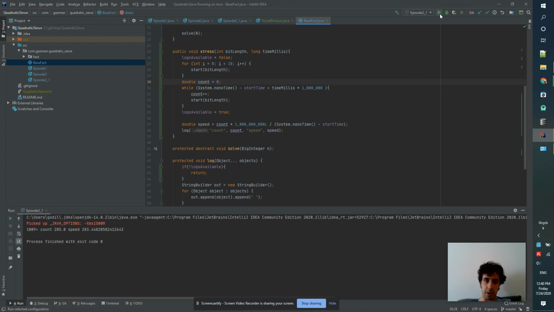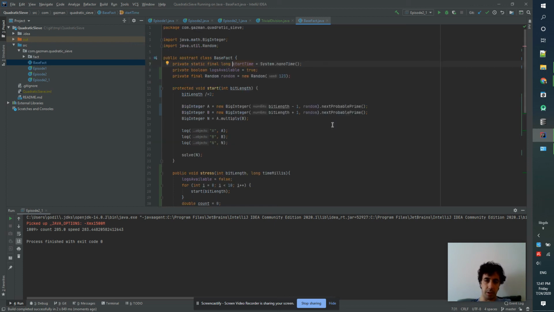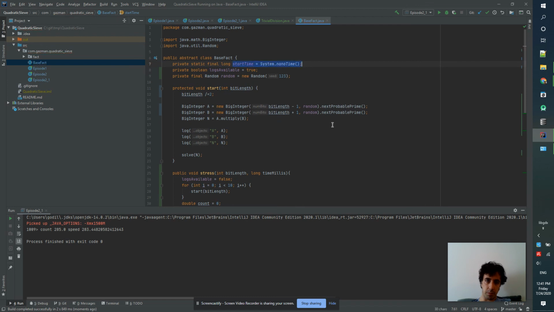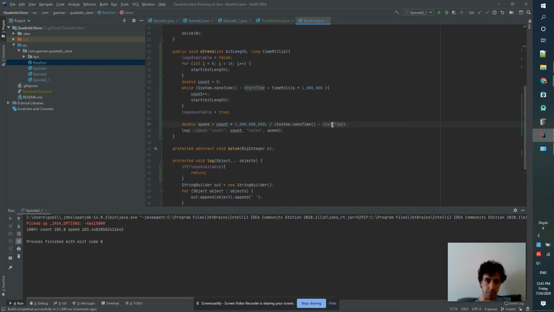Yeah, no idea. Oh, because it includes the starting time from the beginning. We need to set the starting time from when the stress is starting. So let's use a different variable for it, and we just use it locally.